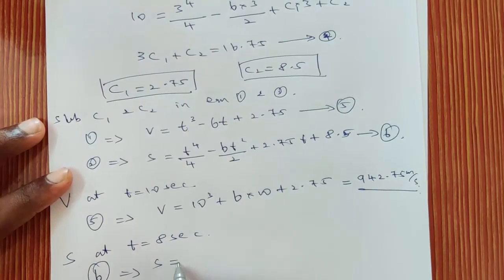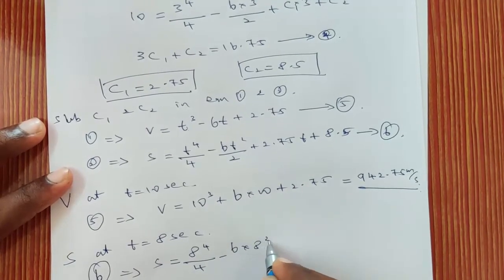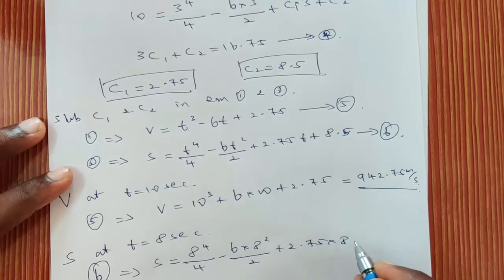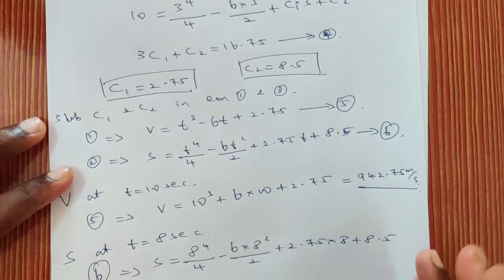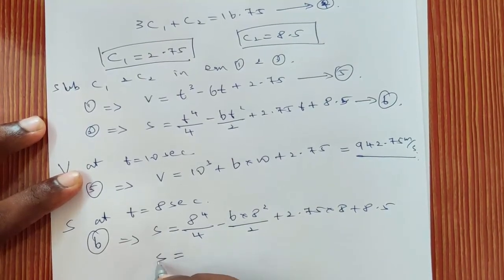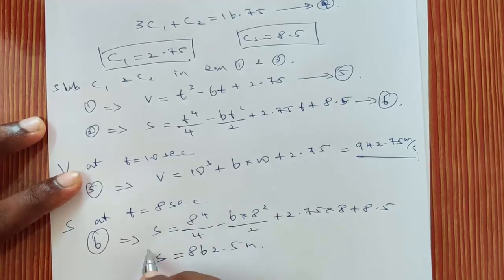Now the sixth equation is s = 8^4/4 - 6 × 8^2/2 + 2.75 × 8 + 8.5. If you solve this equation, you will get s = 862.5 meter.